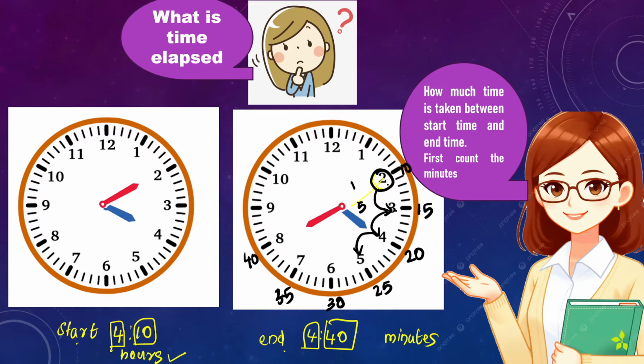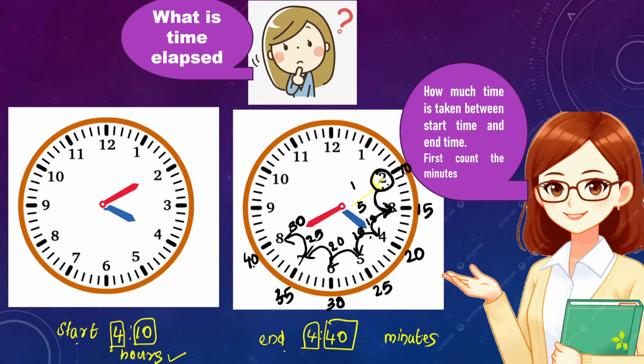You want to find the time between 10 and 40. How many minutes is it? You count the numbers. So 2 to 3 takes 5 minutes, 3 to 4 takes 10 minutes, then 15 minutes, then 20, then 25, then 30 minutes. So what is the time difference? 30 minutes is the time difference.